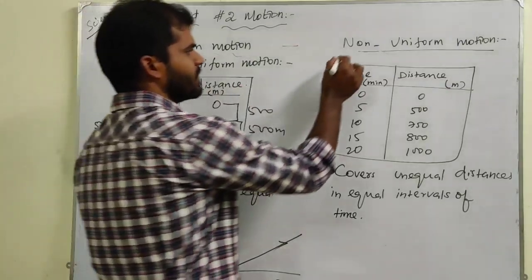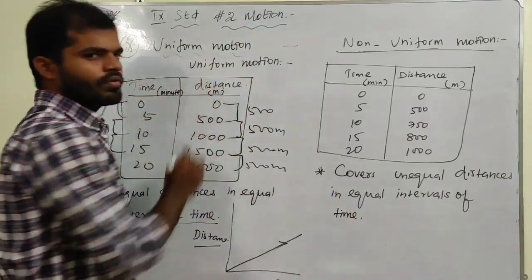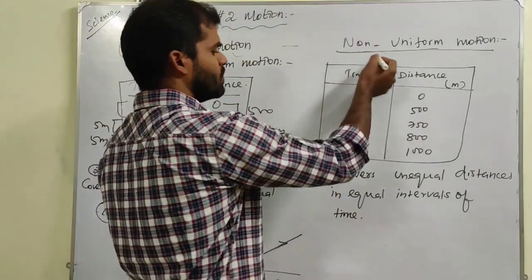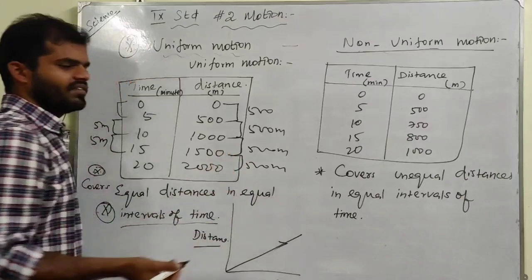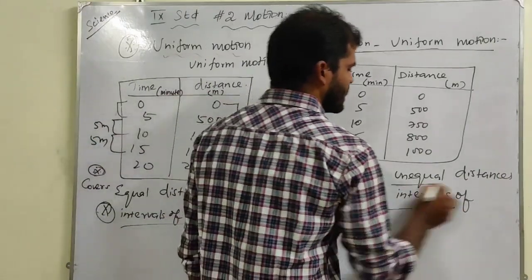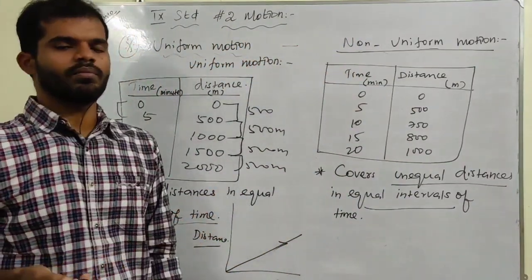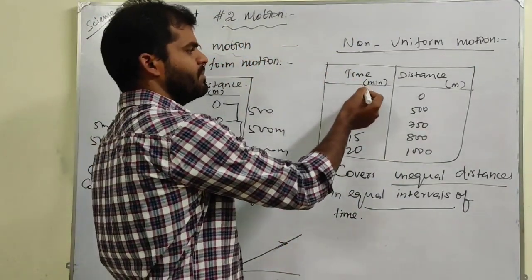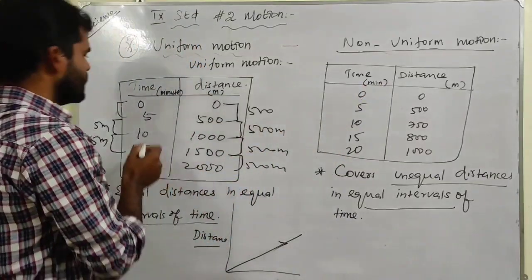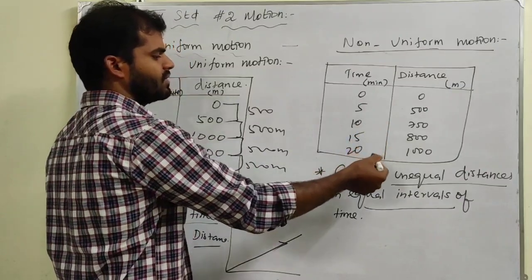Just the opposite, non-uniform motion is very simple, as you know about uniform motion, right? Non-uniform motion is just the opposite: anything that covers unequal distance in equal interval of time. For example, the time that we have taken as normal, as in the first case, is 0, 5 minutes, 10 minutes, 15 minutes and 20 minutes.